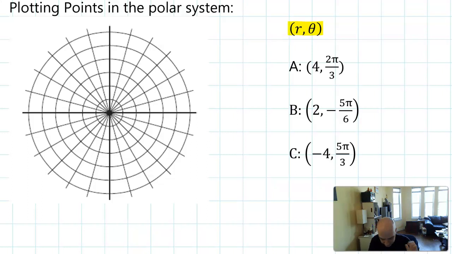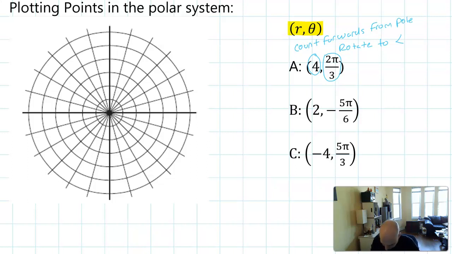And the way you're going to graph a polar point, and maybe there's other people that do it differently, but the way I like to do it is I actually look at the angle first, and I rotate to the angle, and then I look at the radius and I count forwards from the pole, which was the center.